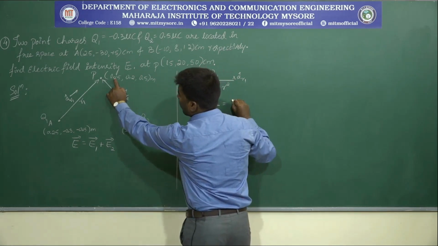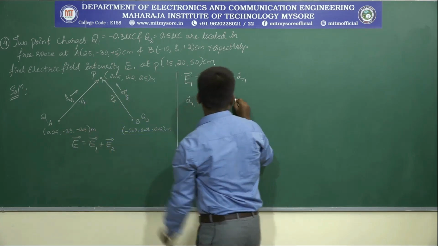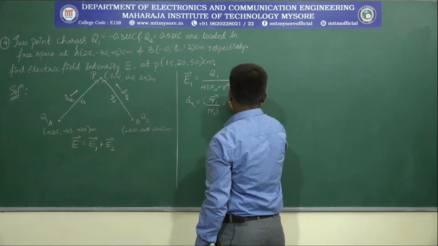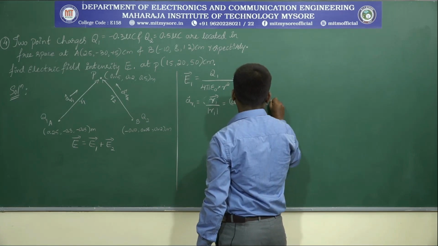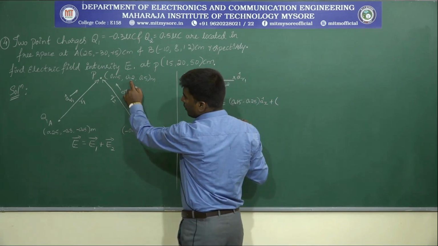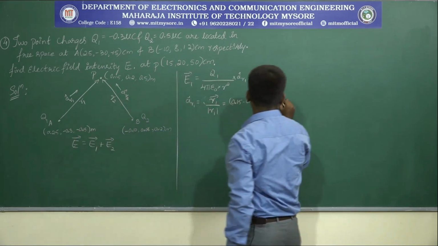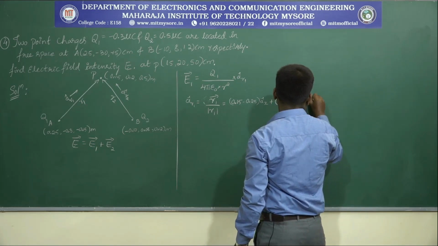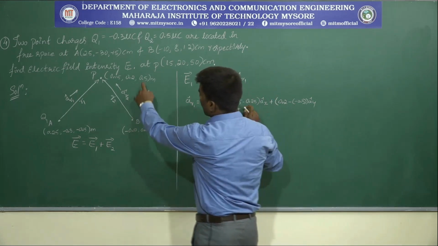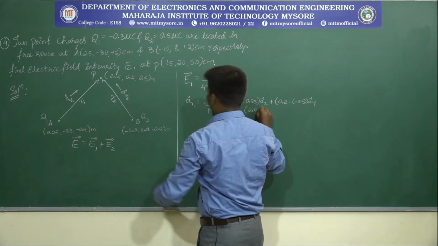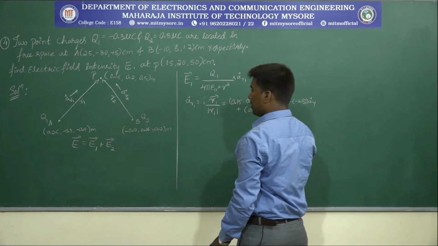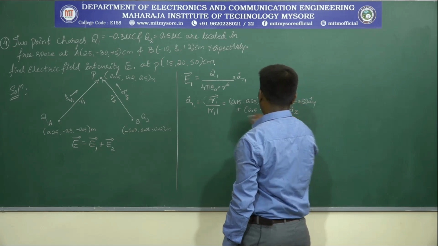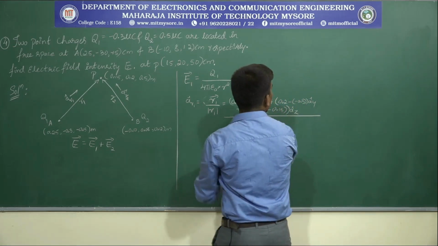This is (0.15 minus 0.25) A cap X plus (0.2 minus of minus 0.3) A cap Y plus (0.5 minus of minus 0.15) A cap Z, whole divided by this quantity.